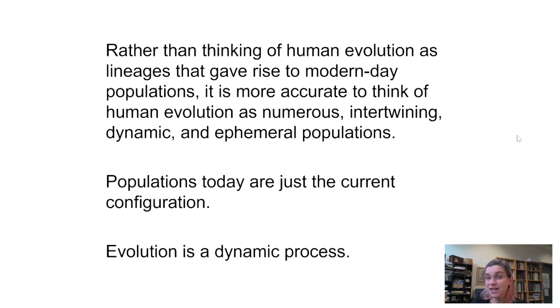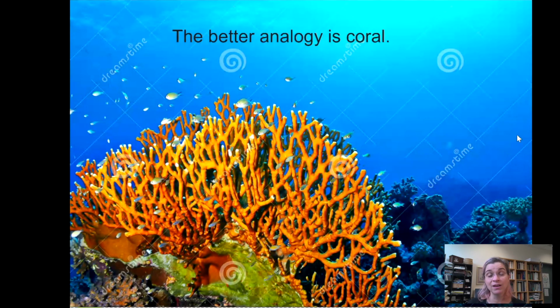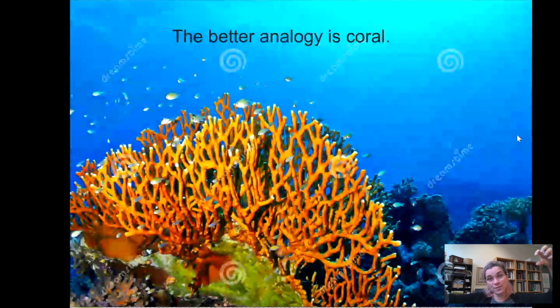Evolution is a dynamic process. And it has been dynamic for the whole time that we've been here. So our genetic variation is suggesting that a tree is not actually a good metaphor for the history of human populations. Rather, the better analogy is coral, because you have these populations that might be separate at one point in time, but then things change and they merge together, and then they might diverge and then merge with other populations.